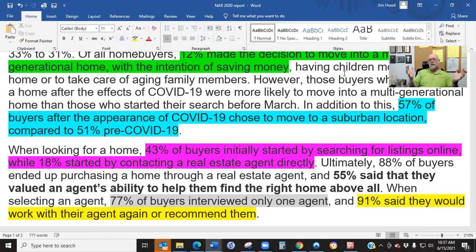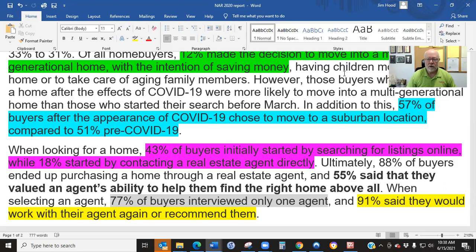If 91% are going to use that agent again, or, even more importantly, recommend me, I need to invest something to keep that relationship alive and not lose it. And it's got to be a system. It can't be something that takes up my entire day. I came across the definition of a system: save yourself time, energy, and money. There you go. We're going to come back to that again.